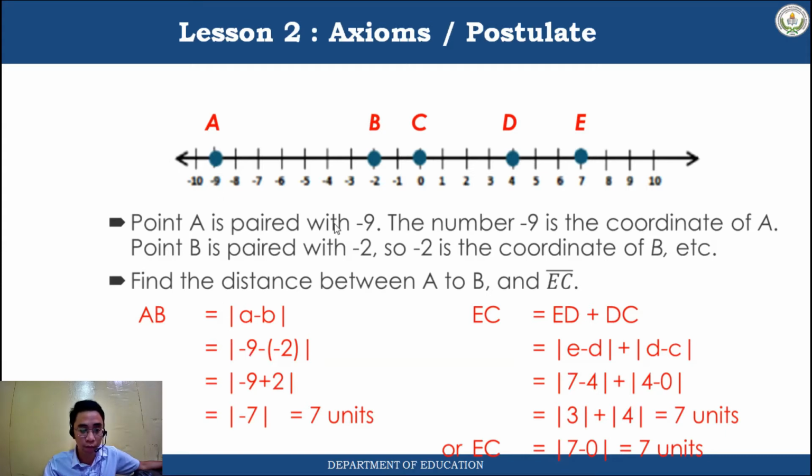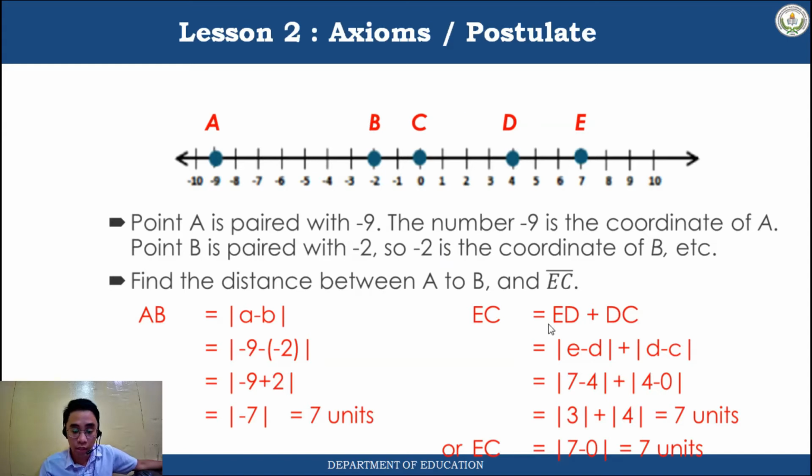So, absolute value of A minus B, negative 9 minus negative 2. So, magiging positive na to, so magiging 2 na lang. So, negative 9 plus positive 2 ay negative 7. Absolute value of negative 7 magiging 7 units. Makikita nyo, bibilangin natin 1, 2, 3, 4, 5, 6, 7. Tama, 7 units. So, distance natin laging positive number.